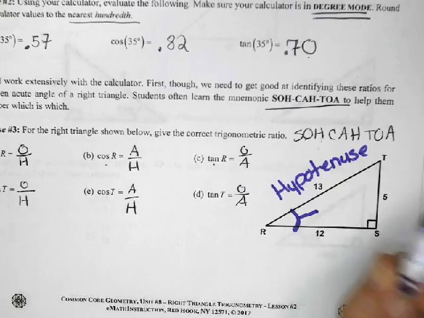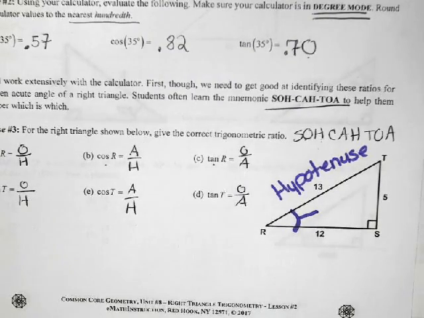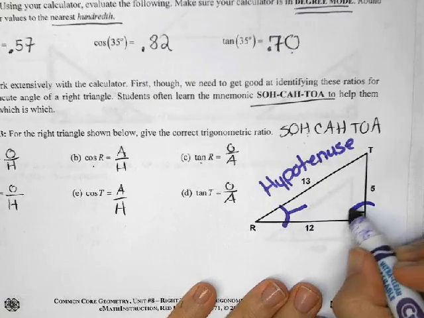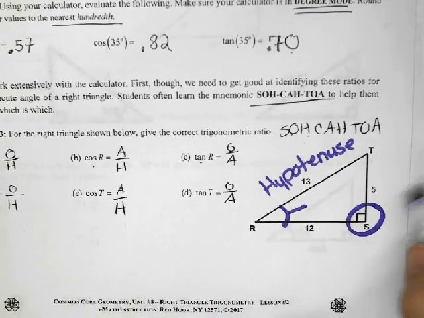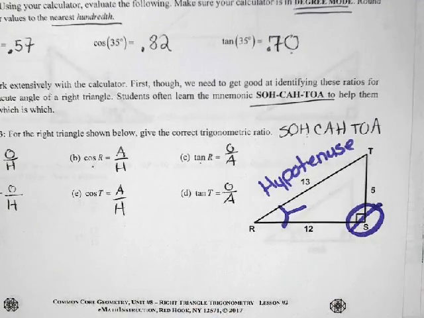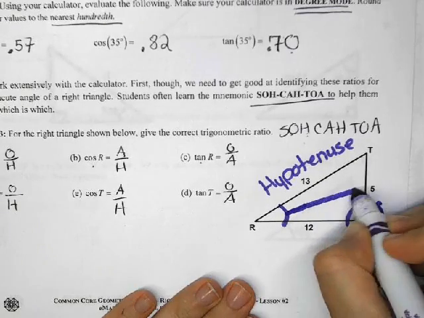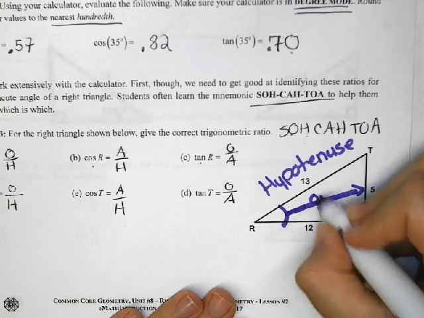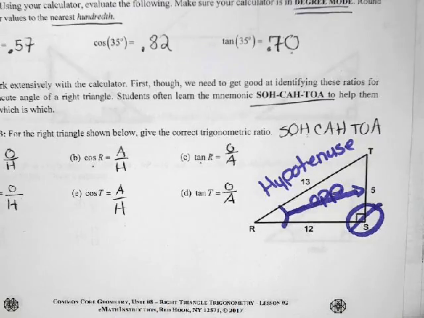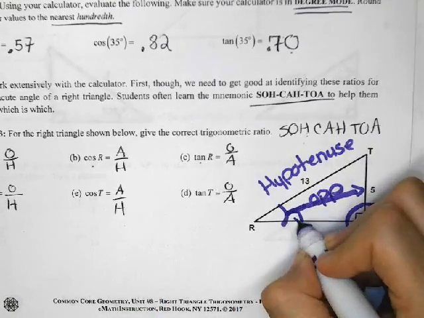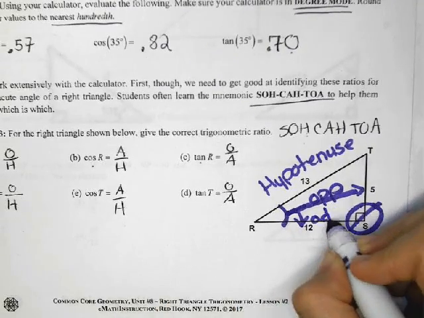That's going to remain the hypotenuse no matter what angle I'm talking about. Second thing, you will never do sine, cosine, or tangent of the right angle, ever. Okay, so continuing. From R, 5 is the opposite, and 12 would be the adjacent.